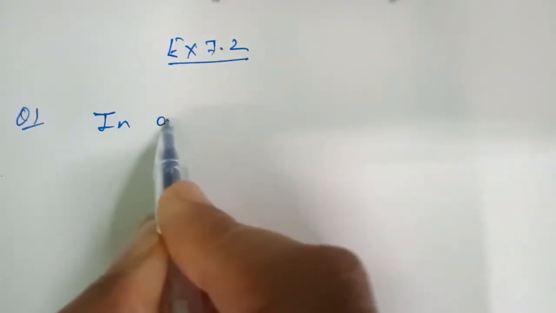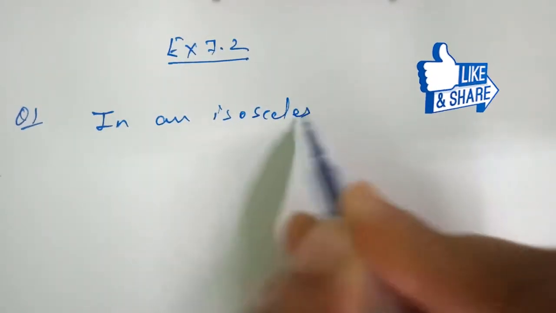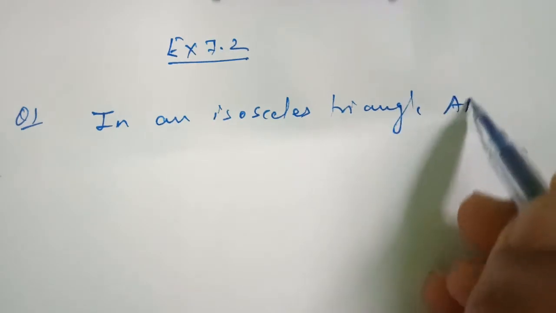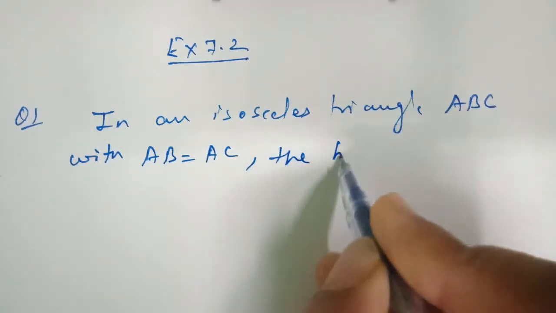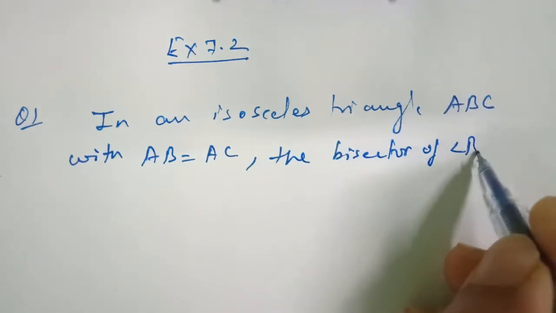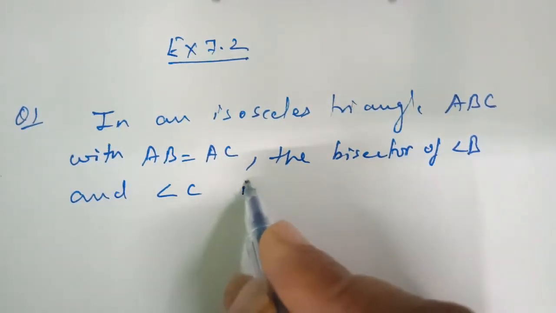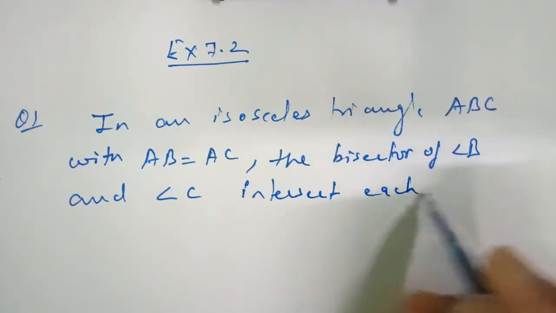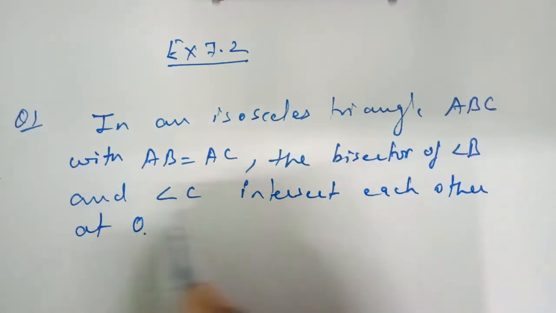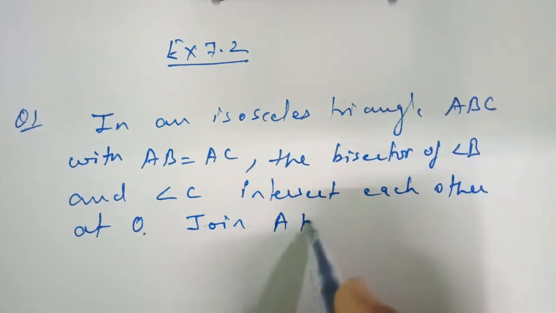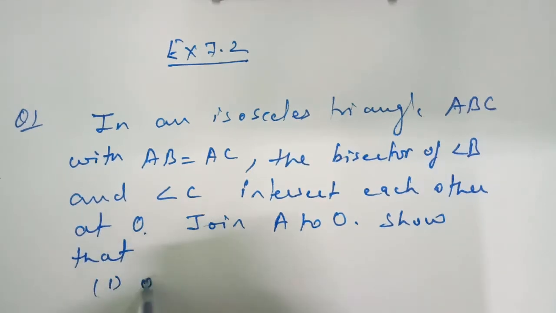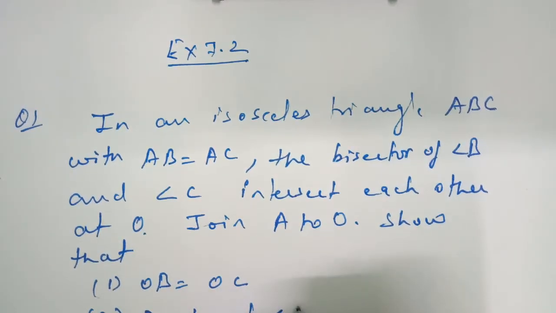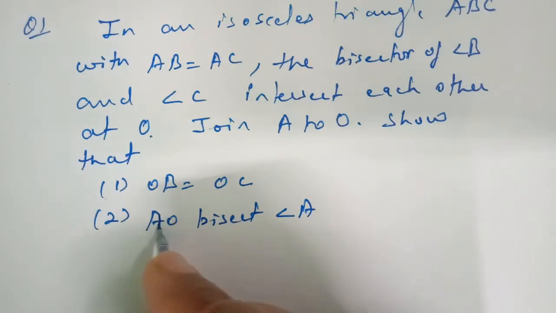The question is, in an isosceles triangle ABC with AB equal to AC, the bisectors of angle B and angle C intersect each other at O. Join A to O. Show that, this we have to prove, number first part, OB is equal to OC, and number second part, AO bisects angle A. These are the two parts which we have to prove.